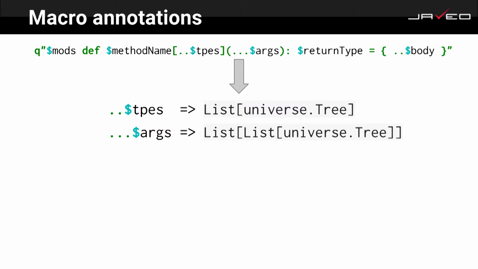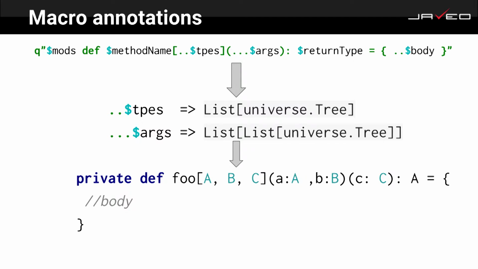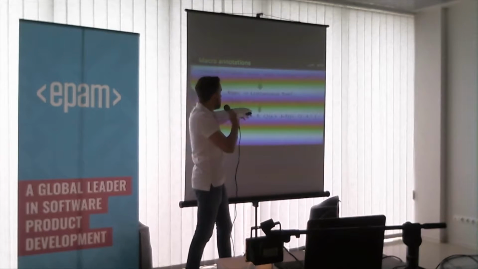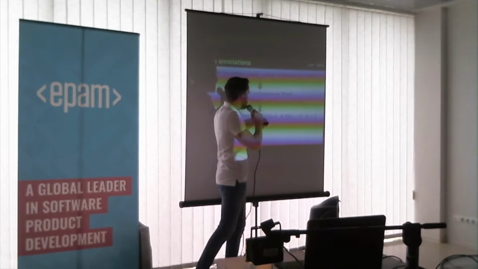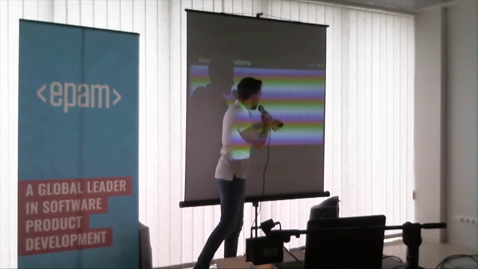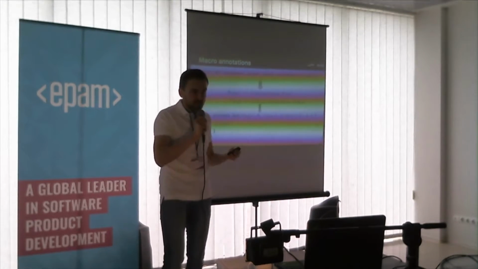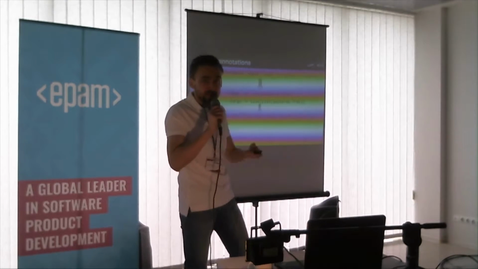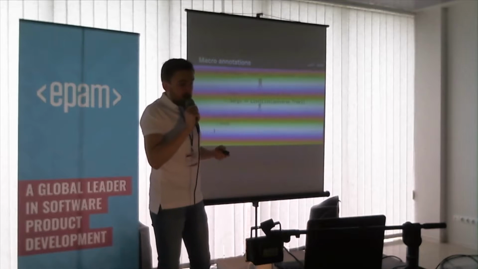And why is that? Because a method can take one set of type arguments, and many sets of arguments, which is a list of 3, right? So these are patterns which allow you to easily extract whatever is important from a method or class or whatever.